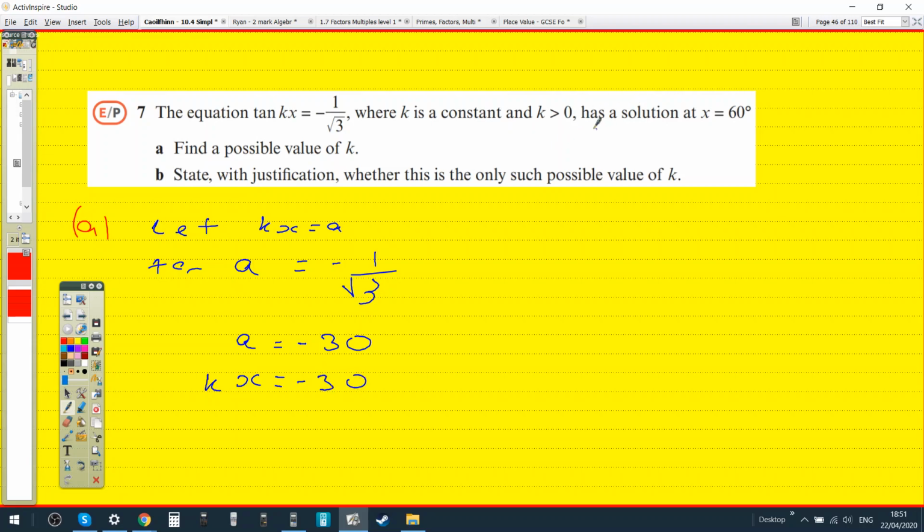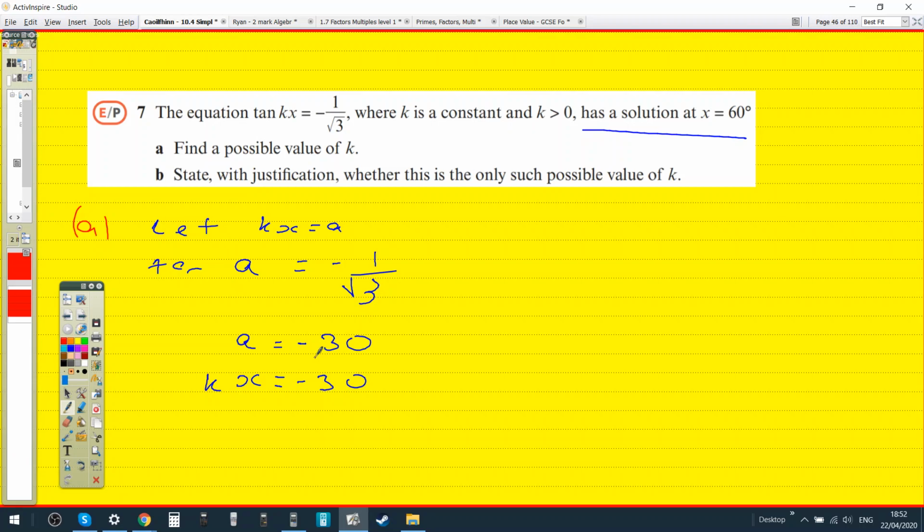So if the k wasn't there, then x would equal 60. But the k is there, and x is still 60.